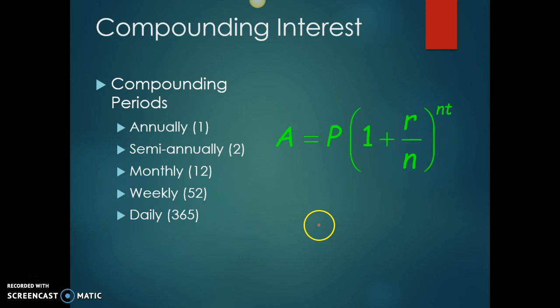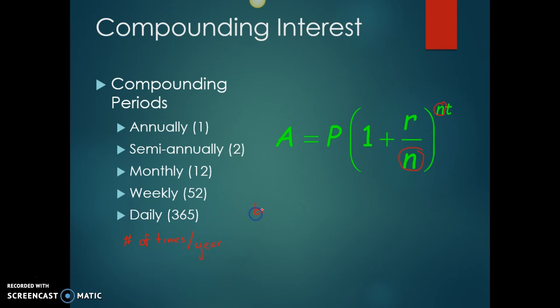So this is the compound interest formula, and N represents the amount of times. It's called the compounding periods, and this is the number of times per year. So annually would be 1 time per year, semi-annually is 2 times per year, monthly is 12, weekly is 52.